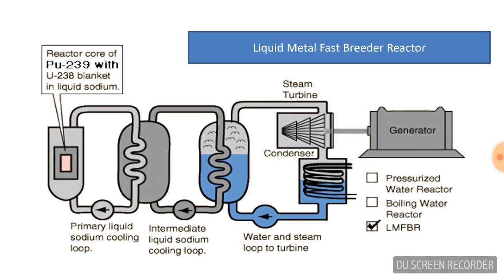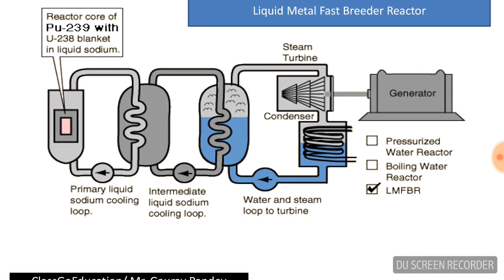There is another, very simple layout. The pink colored one is the reactor core, which consists of fissile material, here plutonium 239, with a blanket of uranium 238. The blanket is of fertile material, and the coolant is liquid sodium.